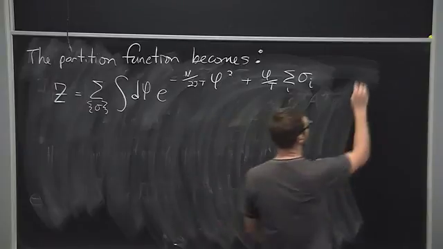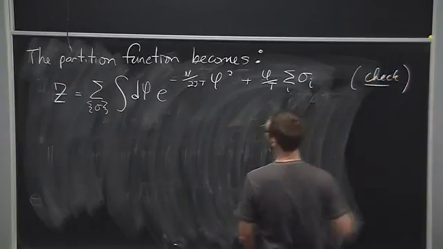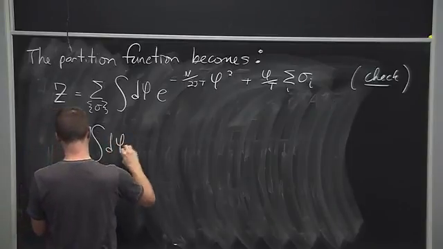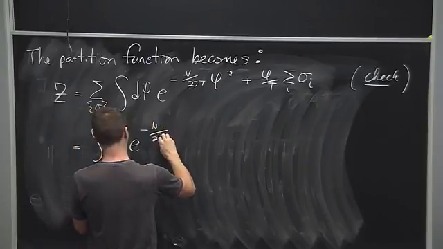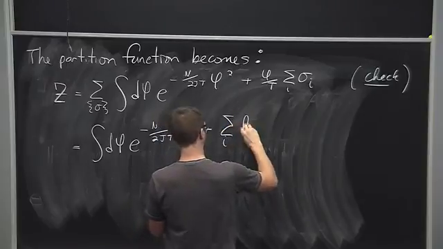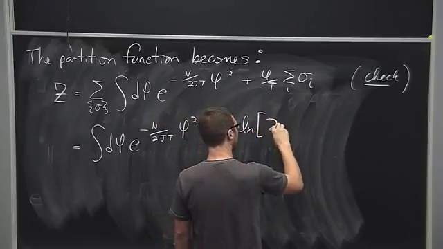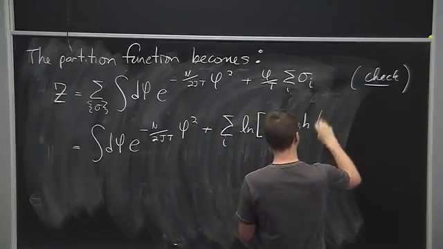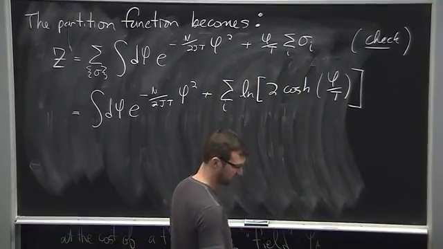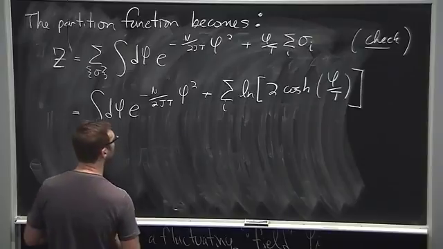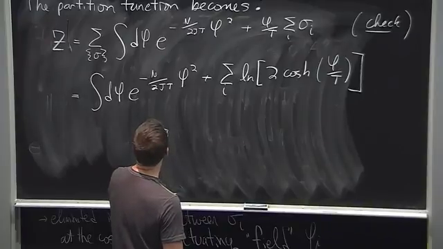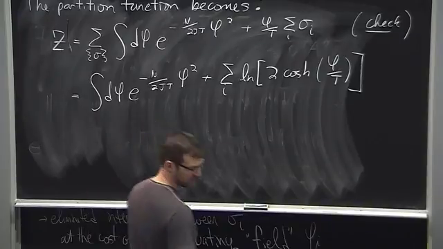Let's just check this. So you should get, once you take that trace, a sum again, log, yeah, it's going to be 2 cosh phi over T. Okay, we'll go with that.